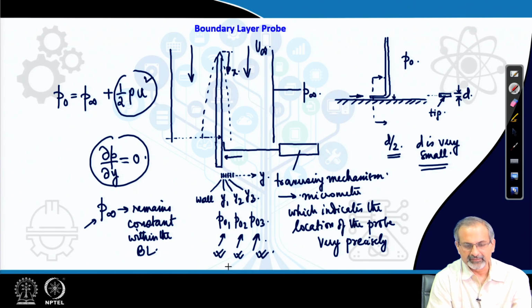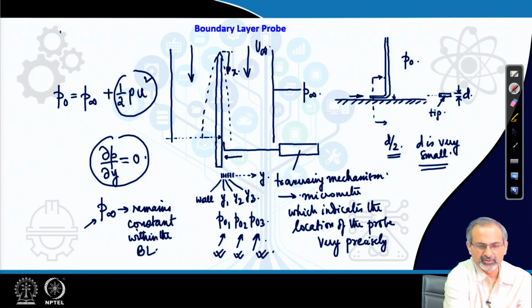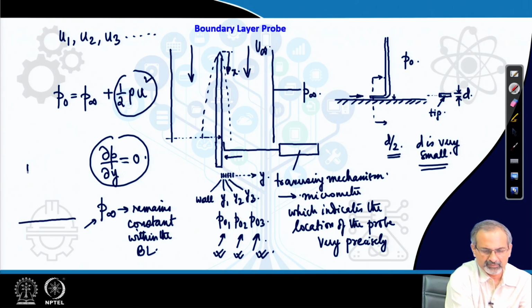So, at different points based on your P naught that you record at y 1, y 2, y 3 etcetera, you are going to get u 1, u 2, u 3 etcetera, and then finally, when you plot the u variation as a function of y, you will be able to get the u distribution as a function of y.